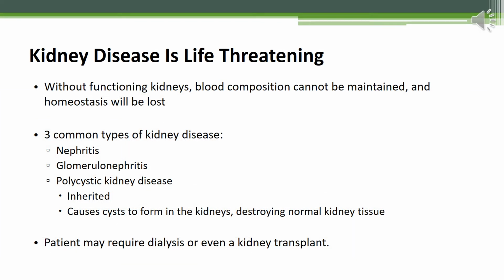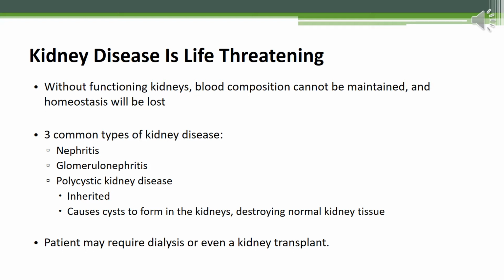Now we're going to talk about the 3 common types of kidney disease, and these can be life-threatening. Without properly functioning kidneys, blood composition can no longer be maintained, and will lose homeostasis, which can of course lead to death. And there are 3 types of kidney disease covered in the book.